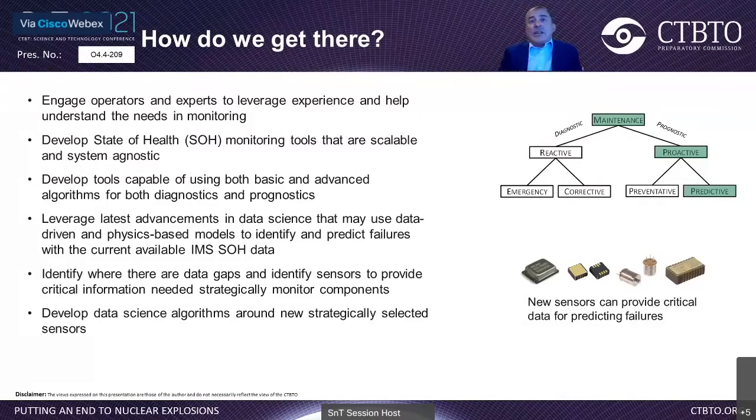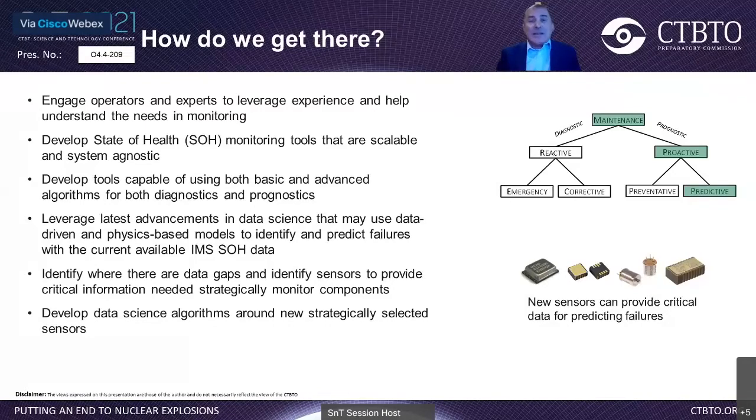We then have to start looking at the latest advancements in data science and look at data-driven and physics-based models to help us identify those failures early using the current IMS state of health data. We need to be able to identify where there are gaps in data.